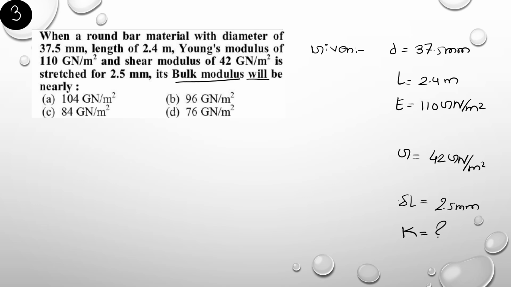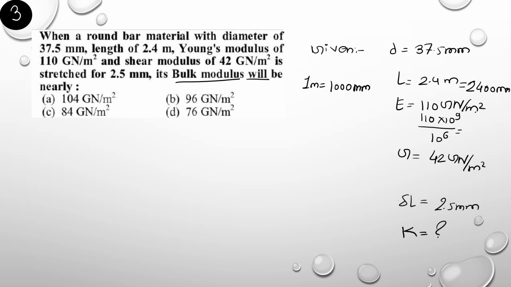First, we convert the meter into mm for easy calculation. 2.4 meter converted into mm, with 1 meter equal to 1000 mm, is 2400 mm. Then 110 giga means 10 raised to 9. For converting meter into mm we take 10 raised to 3 for 1 mm, but here it is squared, so we take 6.